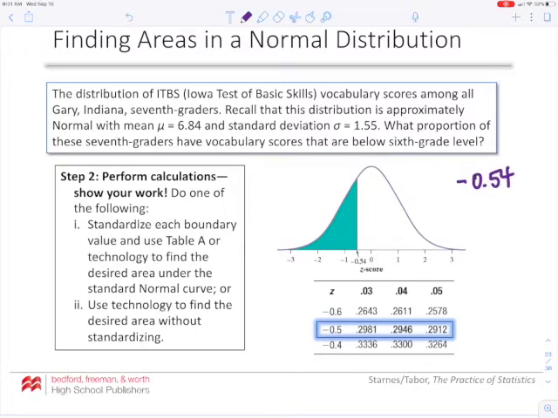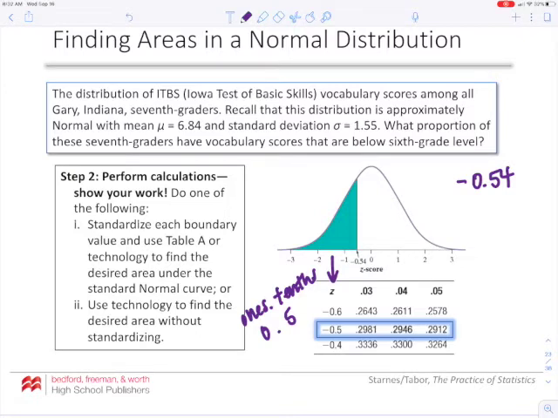So make sure you're on the correct side of the table. One side of the sheet is positive, one side is negative. So you go to the first column. The first column is going to have your ones place and your tenths place. So for us, that's 0.5. So you go down the first column to where you see 0.5.